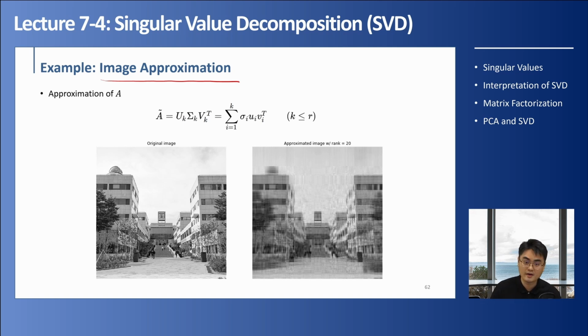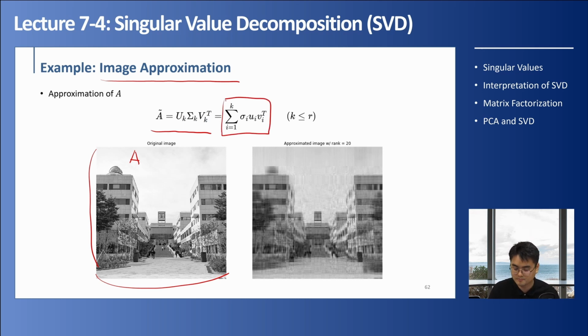If we have this original image A and do singular value decomposition, extracting the singular vectors and singular values, and we only select the most significant singular values from the top, for example here the top 20 singular values and their corresponding singular vectors, we can reconstruct our image using these 20 singular vectors.